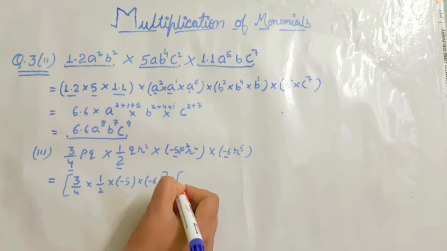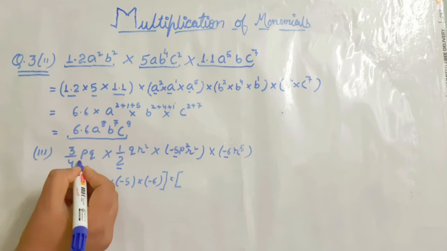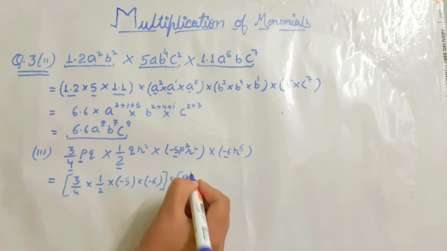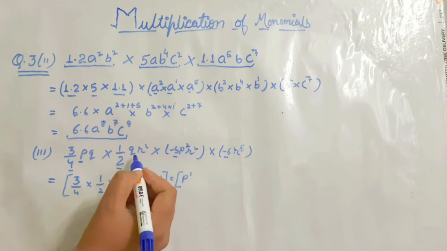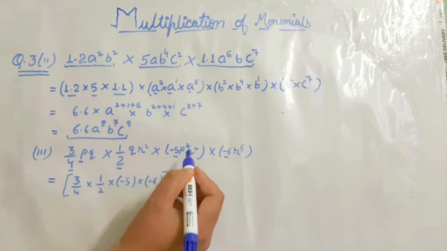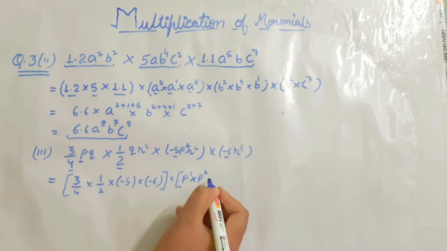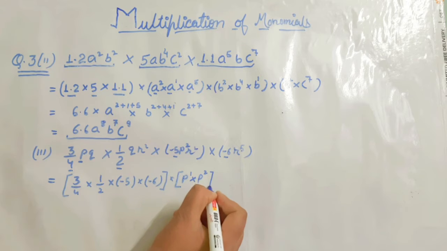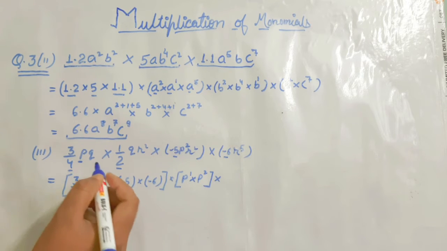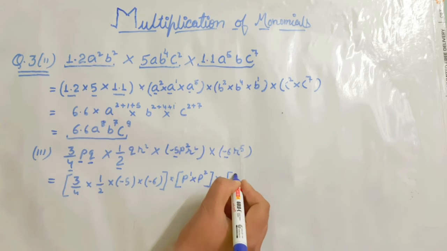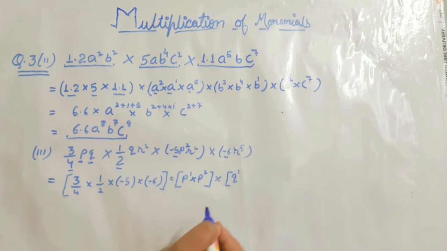Then product of p variable, so it is p raised to power 1 here. Then we don't have p in the second part. Then p raised to power 2. Then the product of variable q. Here we have q raised to power nothing means 1.